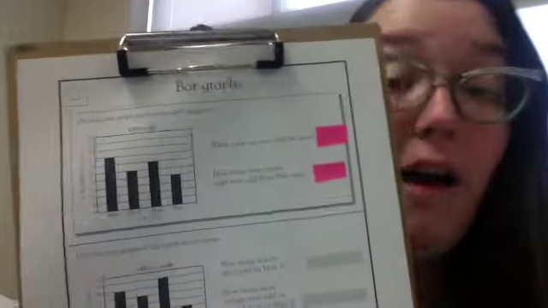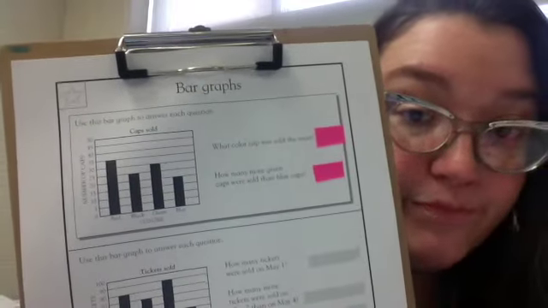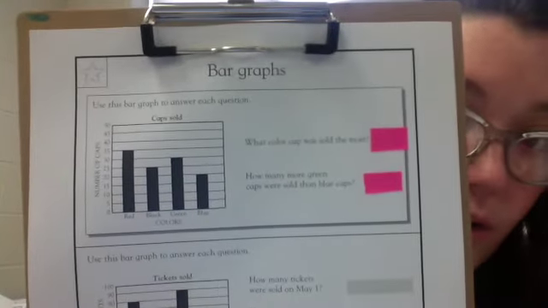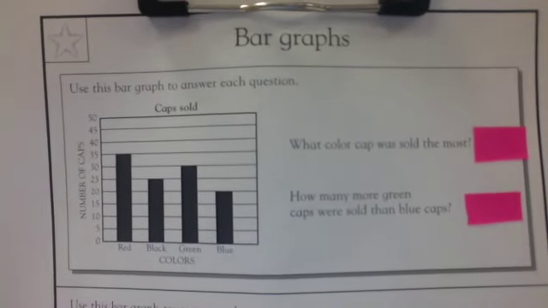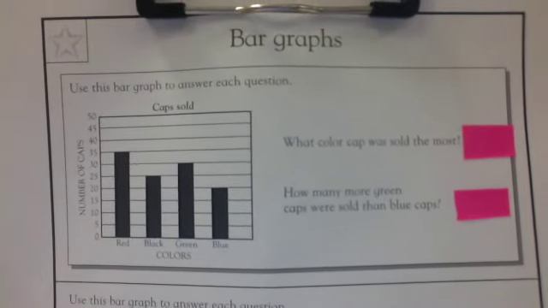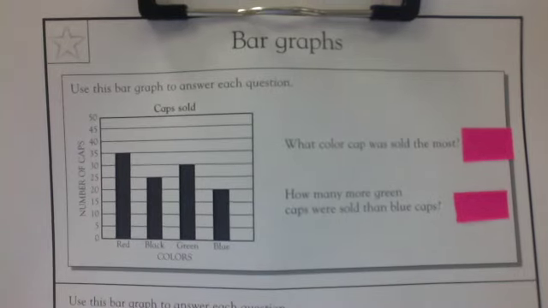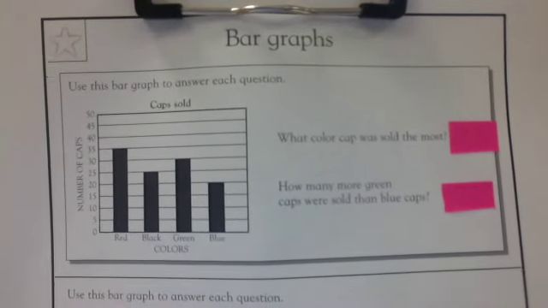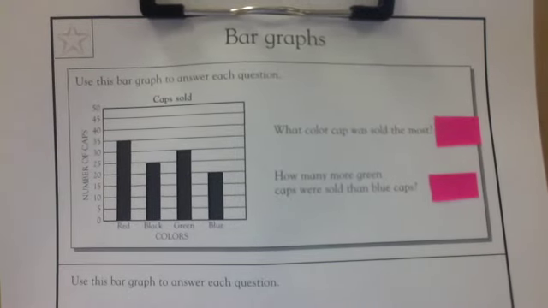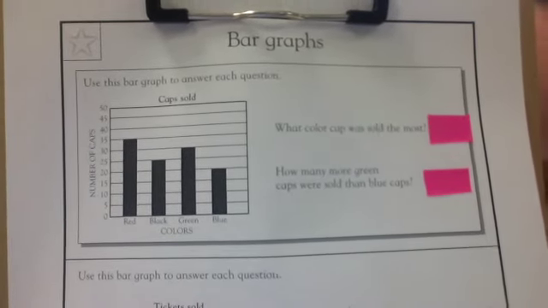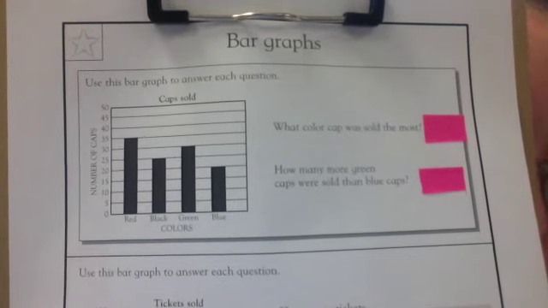And I'm going to look at the first question. What color cap was sold the most? So let's take a look at that bar graph. I could see that the red bar is the highest, so that's probably going to be our answer. It's got 35 caps sold. Black is only at the 25 mark. Green is at the 30 mark, and blue is at the 20.